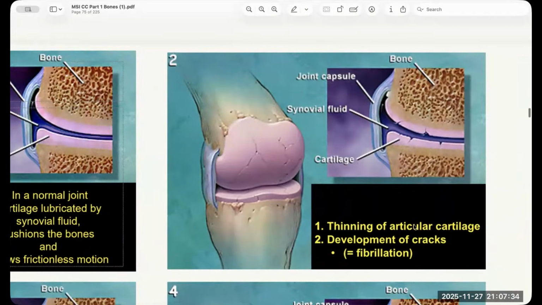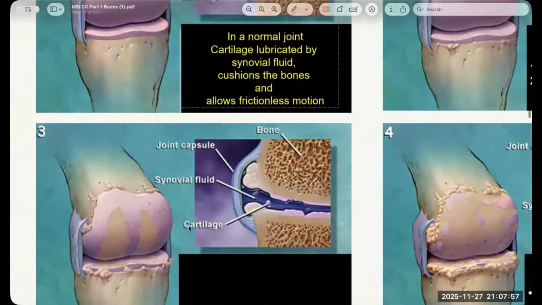Then, due to trauma or different causes, there is thinning of the articular cartilage, seen as development of cracks, a process called fibrillation. Those cracks of the cartilage are seen here.